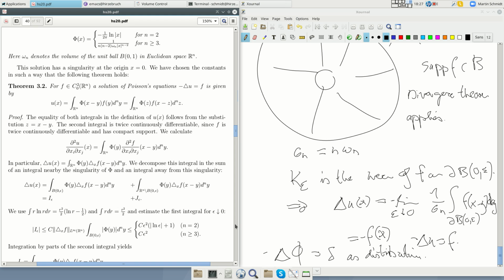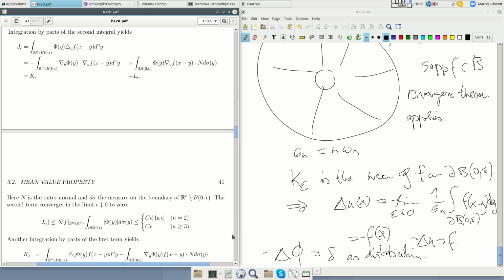And then we found out that with some special choice of the constants, we get a solution of the inhomogeneous equation. This is some surprise, because phi is first calculated as a harmonic function, but we get a solution of the inhomogeneous equation. Okay, and then we calculate this.